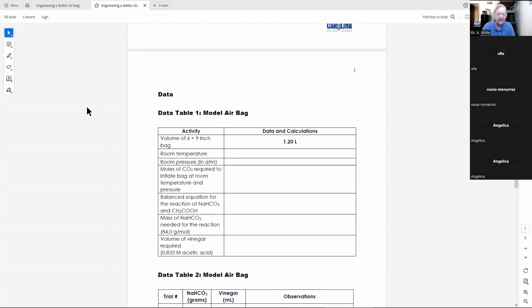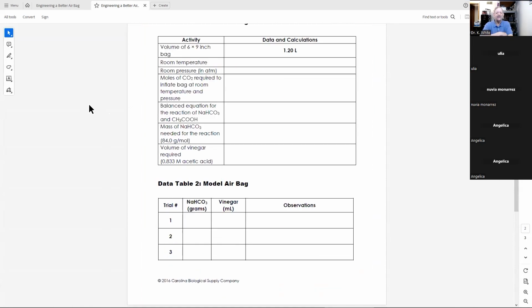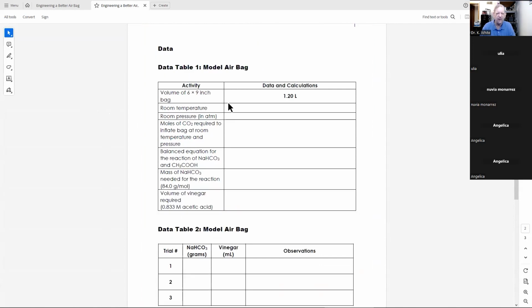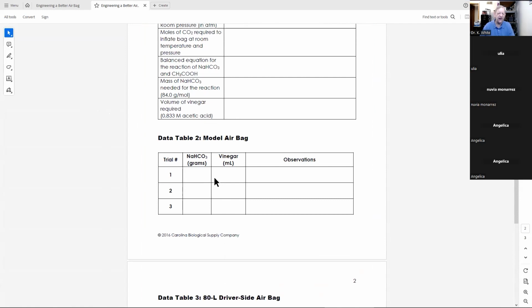Now, if we look at the write-up, here's from your table 1, put the data in. Here's the grams, what you did for each trial. Remember in 2, you had, I think, 0.3 and 5 milliliters, then 0.5 and 10 milliliters, and how full was your bag.